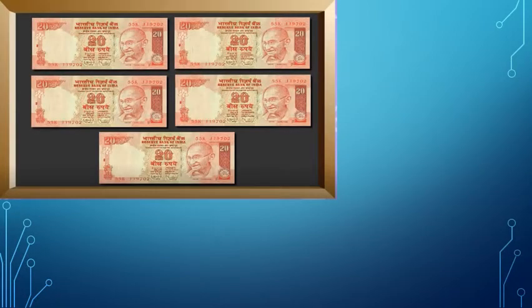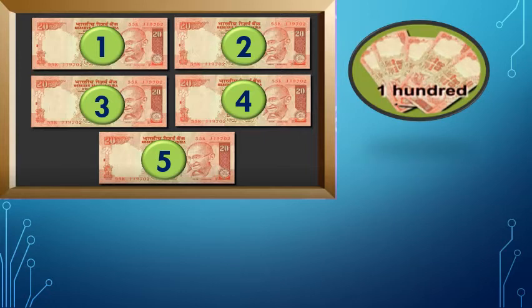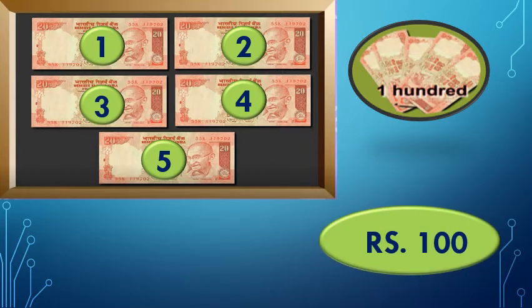See dear students, here you can see 5 notes of 20. See, 1, 2, 3, 4 and 5. How many notes are there? 5 notes of 20 rupees each. What is the total of that? Yes, you are right. That is 100 rupees. How will we write 100?